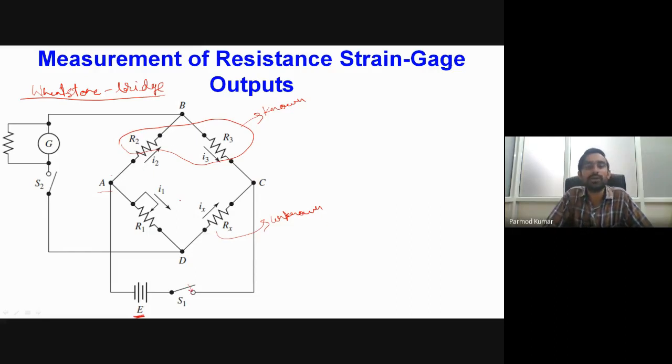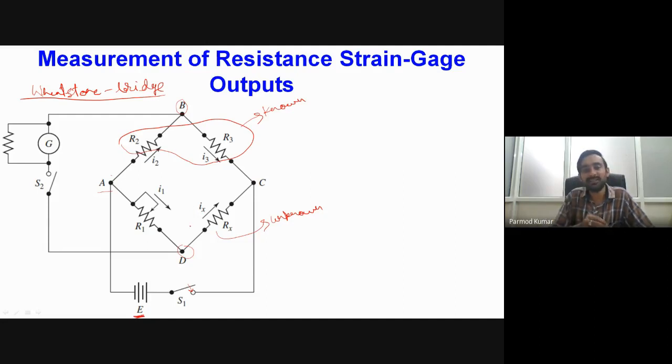Then across the other two terminals B and D, we connect a device, a galvanometer, and we try to see its deflection. The galvanometer is connected between point B and point D. So the reading reflected on it, if we are measuring the voltage, will be equal to the difference of voltage at point B and at point D.